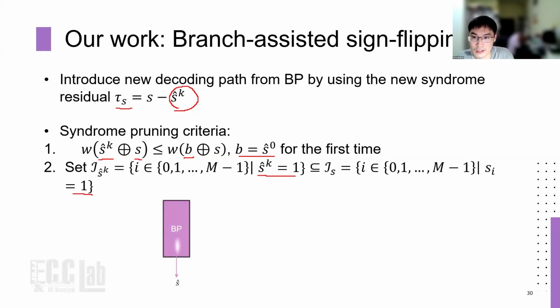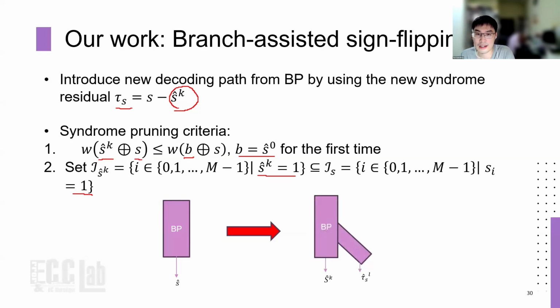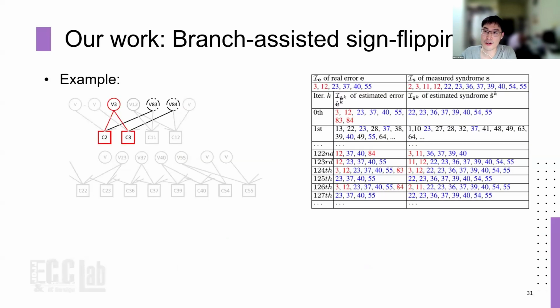So here is the schematic diagram of our algorithm. This is the original BP, and we introduce a branch by using a syndrome residual. Following our criteria, the estimated syndrome, for example at the 123rd iteration, will satisfy both criteria. Then we do the syndrome pruning.